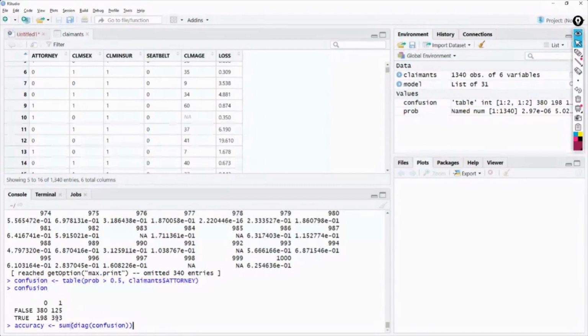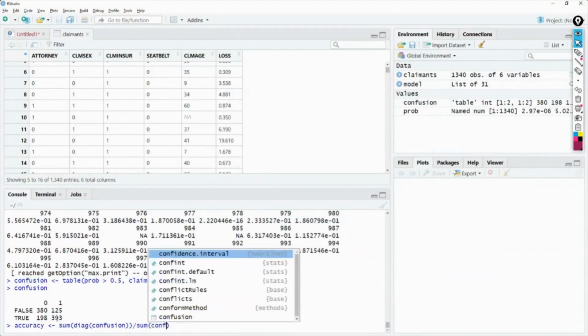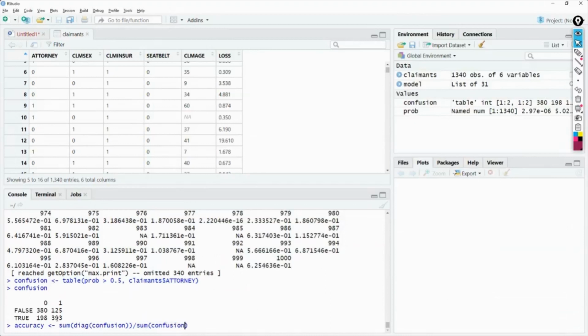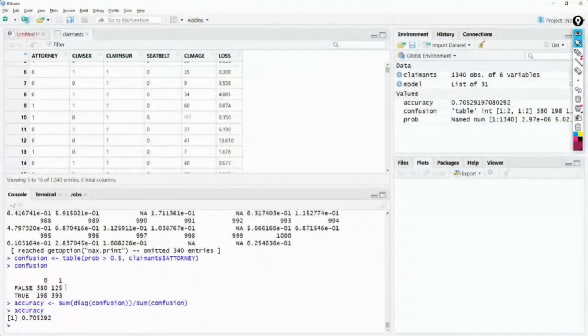Divide by the overall count, so divided by the summation of the complete confusion matrix. If you enter, you get accuracy. If you ask what is the accuracy, you get 70%.